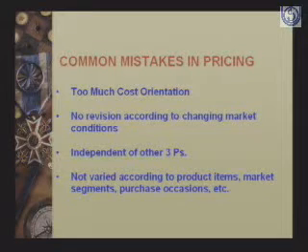The fourth mistake is that the price is not varied according to the product items, market segments, purchase occasions, etc. So this is also an important factor. You introduce a product. For instance, you have a Maruti 800 model. In that you have a standard model and an AC model. When you are pricing the standard model and the AC model, it should be a very comparable price.